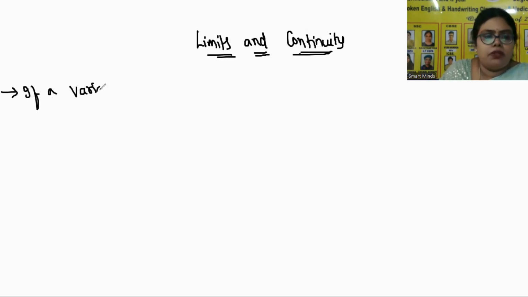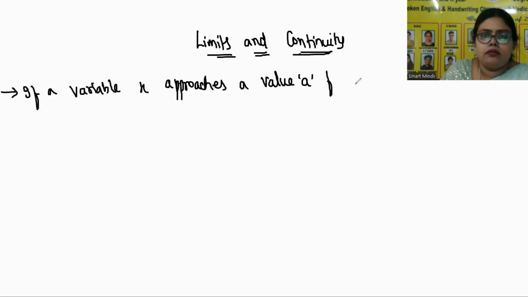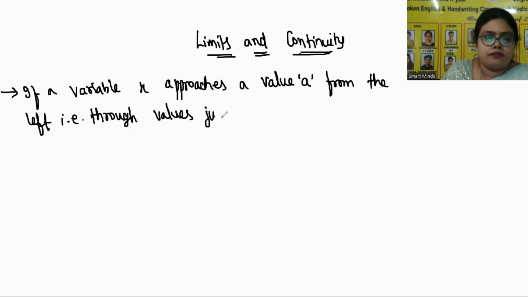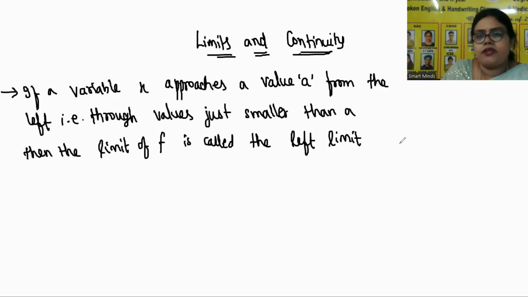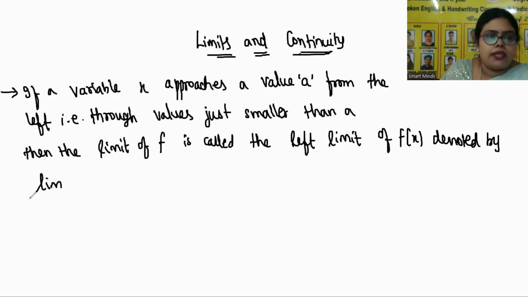Write down: if a variable x approaches a value a from the left, that is, through values just smaller than a, then the limit of f is called the left limit of f of x, which is denoted by limit x tends to a minus.